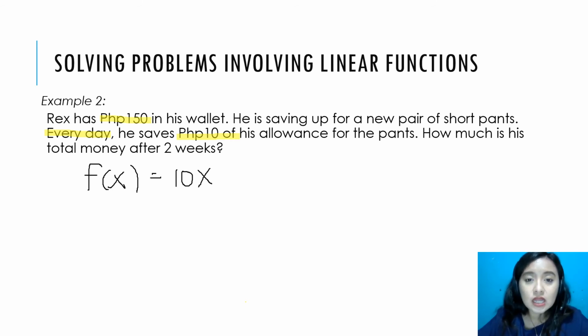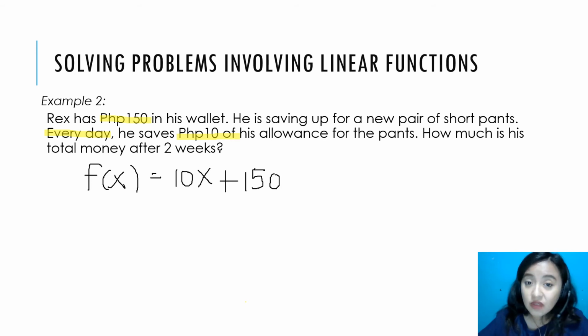Ang x diri would represent each day na nilabay. So, naghug siya g's taga-adlaw. Nya kana na kwarta na iyahang matigom, yan ang idungag didto. So, plus sa iyang kwarta daan na 150. So, we will have a function notation of f of x is equal to 10x plus 150.